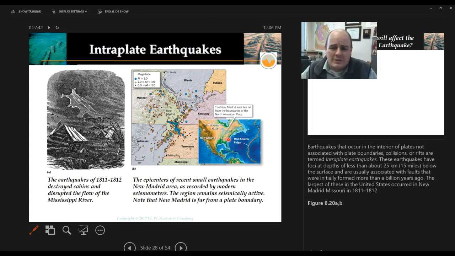These were pretty large earthquakes that occurred back in the 1800s. Now, there weren't a lot of people living out here during that time frame, so we didn't have a lot of great accounts of it, but there are enough for us to understand what happened. It's one of the largest earthquakes.